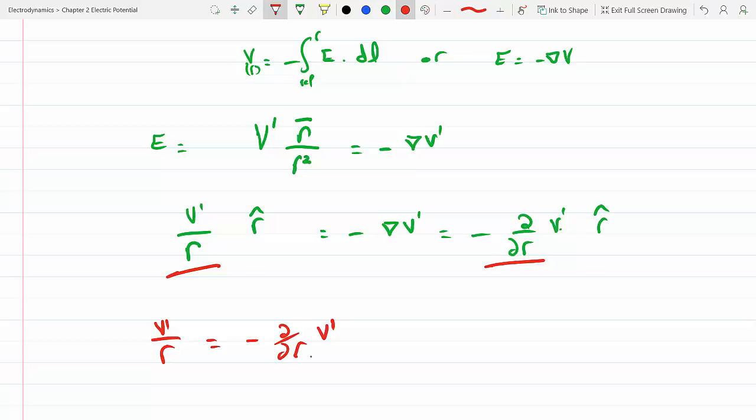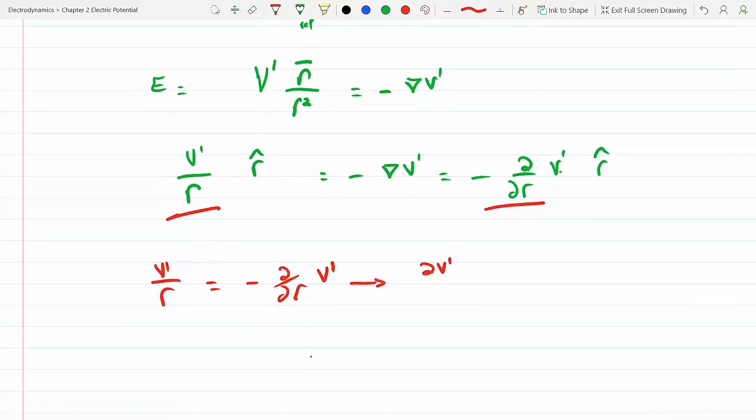This is a differential equation. We can integrate that. This is like saying d over dx of y equals y prime over x, right?